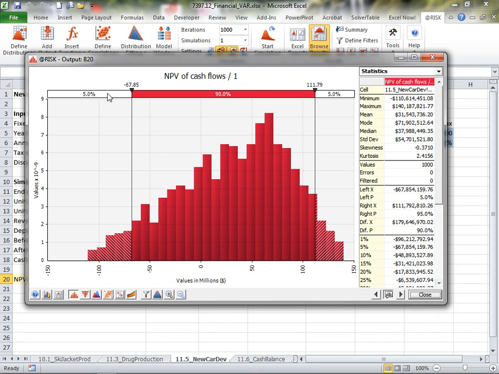Everybody's clear on the concept that a negative net present value does not mean you lose money, right? We don't know, but that negative 67 could still be a 1% payout or something like that, right?